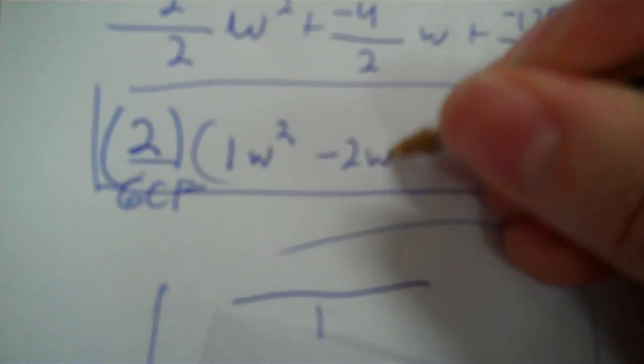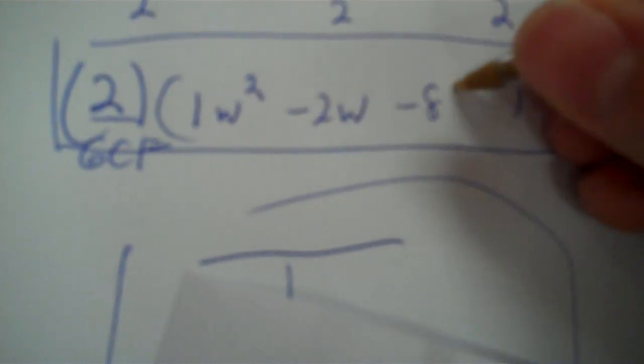Now, I know it runs out at 170, but they're all even numbers, so they probably all divide by 2 evenly. Yep, they do, so 2. Just 2, though. So you divide by 2, and you get 1W to the second, negative 2W, and then negative 85. Okay, so I'm going to bring that 2 over, and then this is my trinomial.